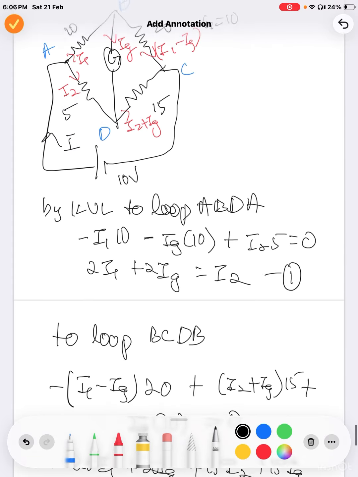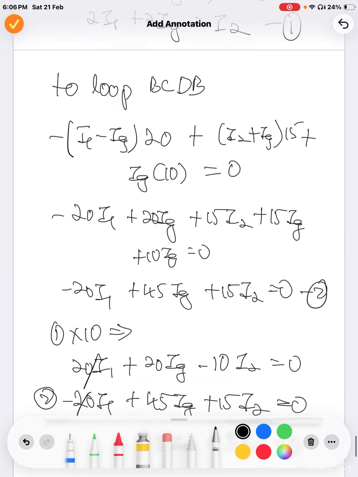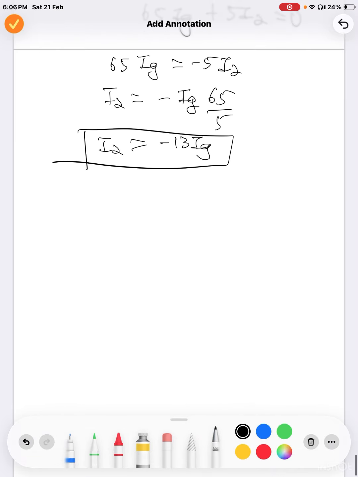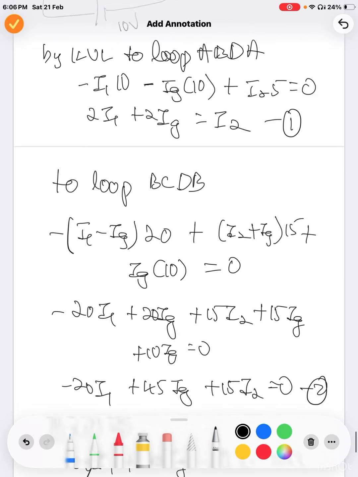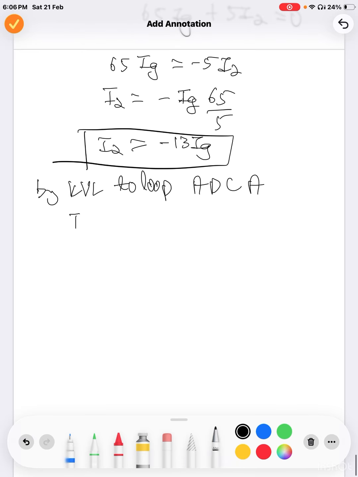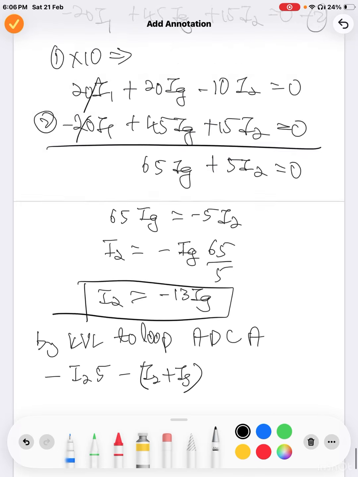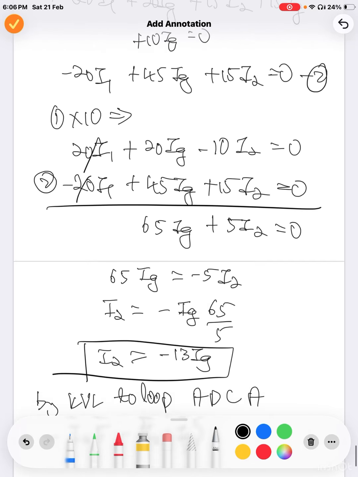Which is the next loop? The outer loop, I'll take ADCA. The next loop is ADCA. Applying KVL to the loop ADCA, from the ADCA loop, I2 into 5, same direction, minus I2 plus Ig into 15.